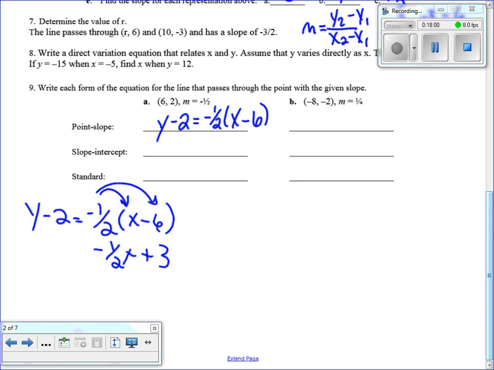So that would be positive 3, because a negative times a negative is positive, and 1/2 times 6 is 3. And then we add this constant that's over here. We add this 2 to the other side. That gets y by itself, and so we have negative 1/2 x plus 5. That's going to be our slope-intercept equation.